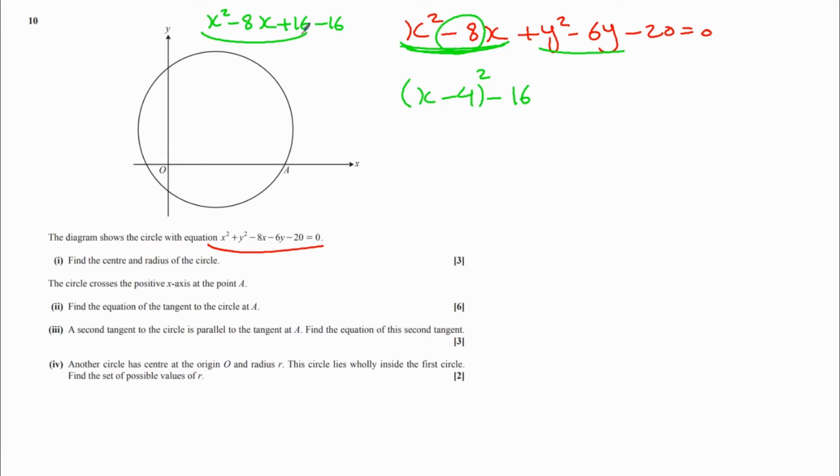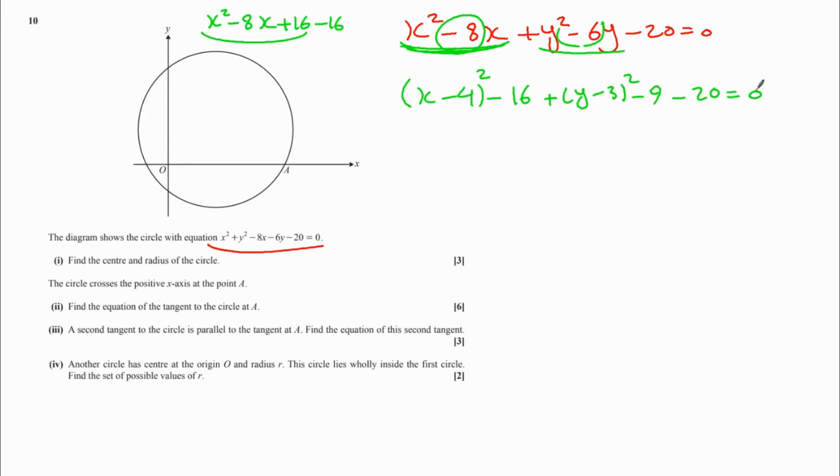This section is x minus 4 all squared. The second one, minus 6 divided by 2 is minus 3. So I can write plus y minus 3 squared. Again, inside this is minus 3 times minus 3 is 9. So I need to add minus 9. So I have minus 20 equals 0.